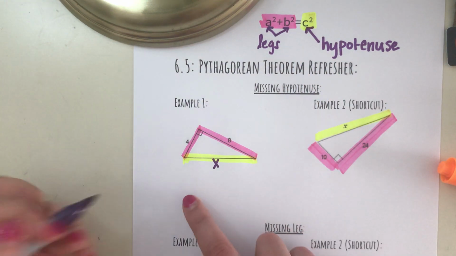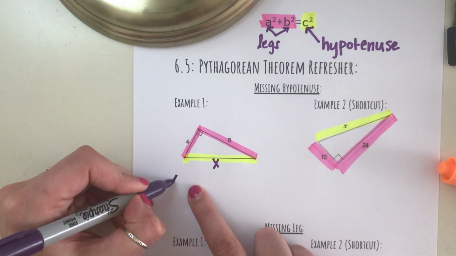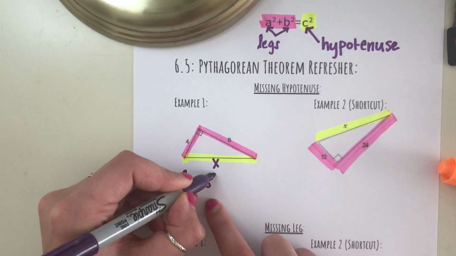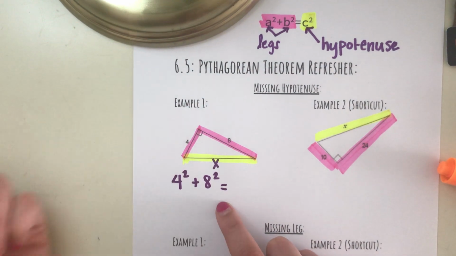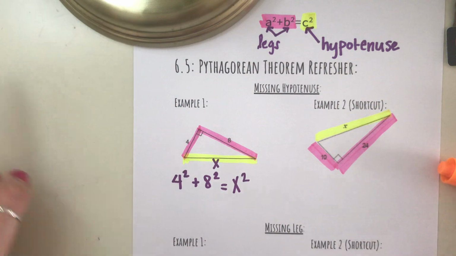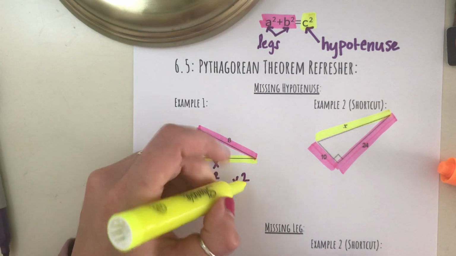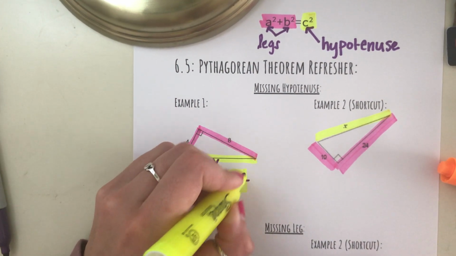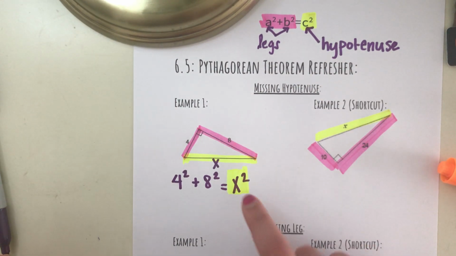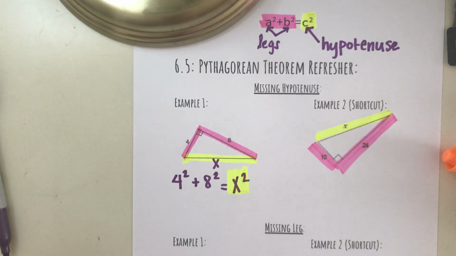So I'm going to go ahead and write that out. 4 squared plus 8 squared equals x squared. So I want to make sure that I followed the color pattern as above, as I color coded my triangle, and as I'm color coding, filling in the formula.